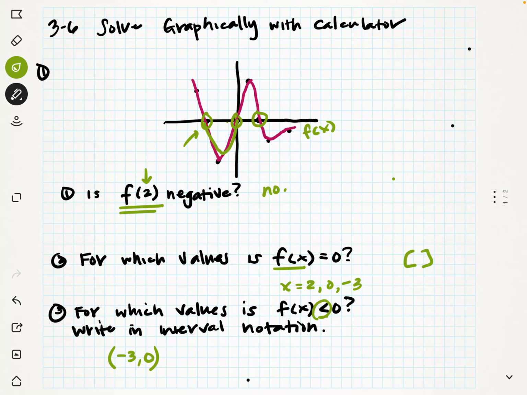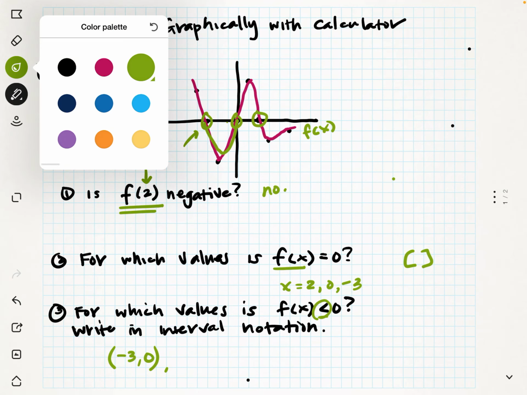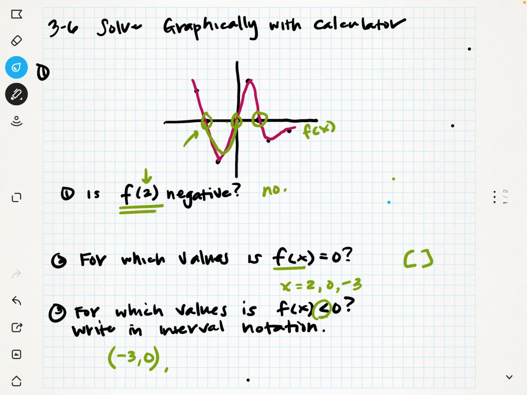And also, we have another area here, let me change colors, where it's below the line. So that goes from 2 all the way to 1, 2, 3, 4, 5. About 5.